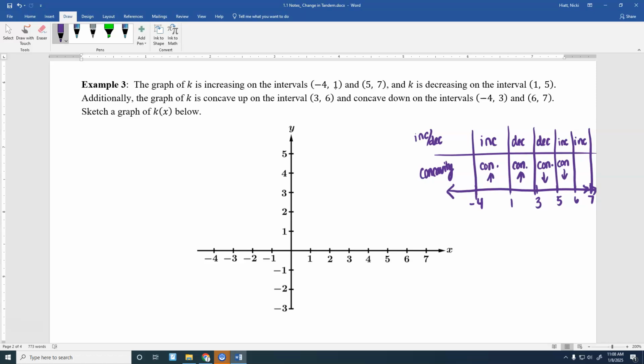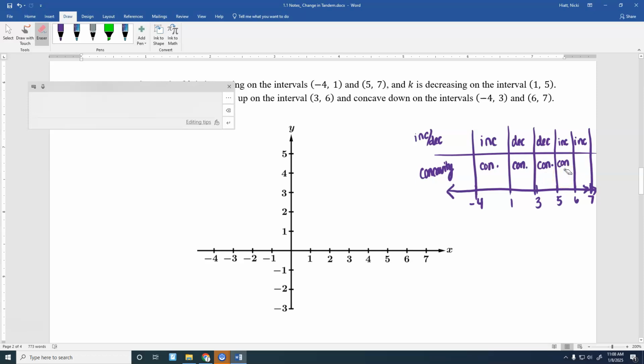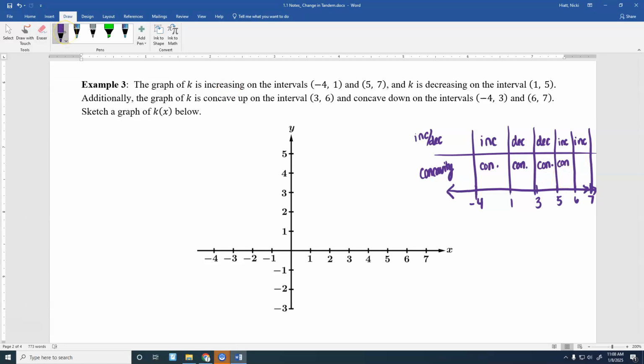Hold on, I've got that backwards. I'm reading it backwards. Change your arrows if you're copying me. From 3 to 6 is concave up. And concave down from -4 to 3, and from 6 to 7.